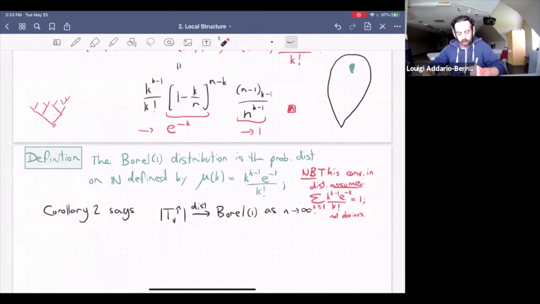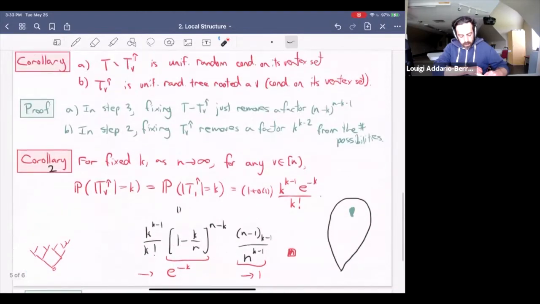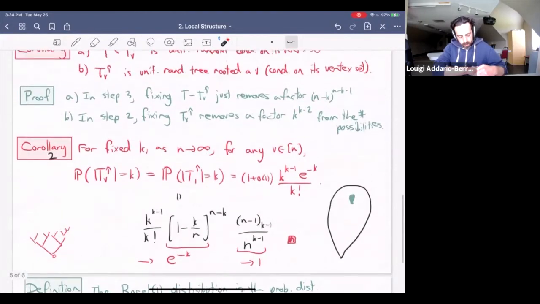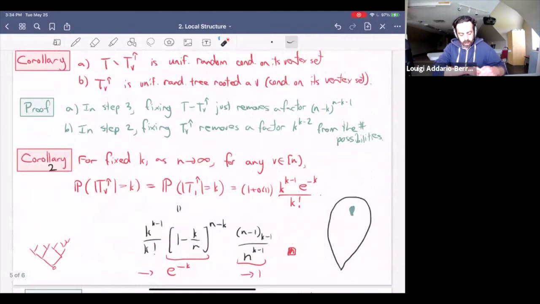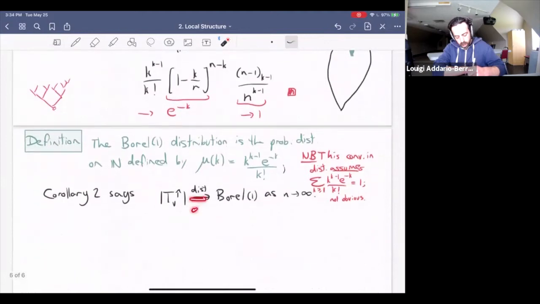A convergence where for every fixed value you have the convergence, but there's some loss of mass, if you like. There's some possibility that the tree has size larger than a constant. But what I proved, up to this point that I'm showing now on the slides, doesn't require anything about the fact that these values sum to 1. It's only in order to call this convergence in distribution.